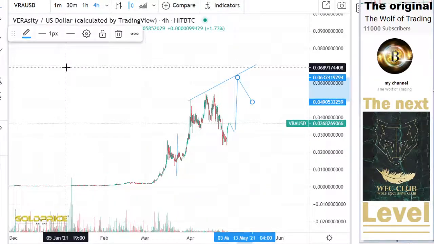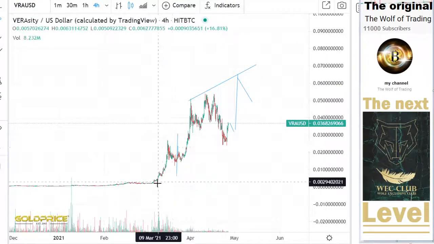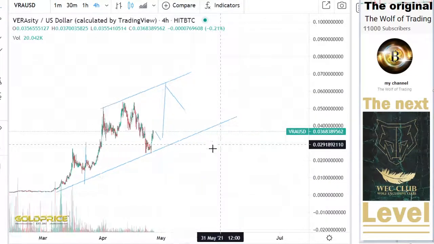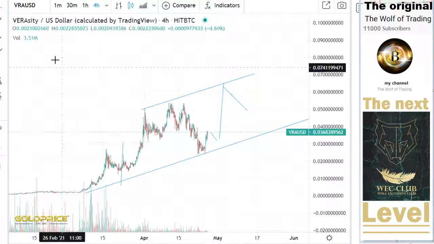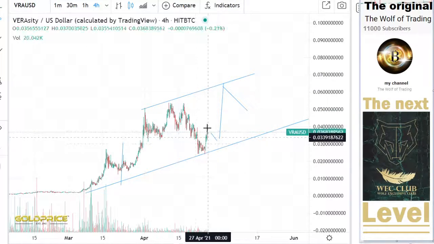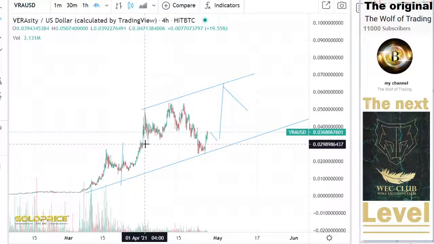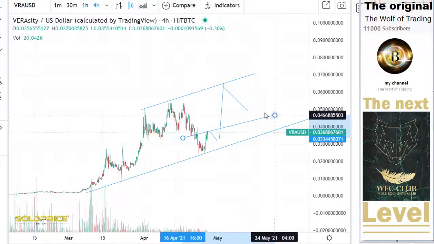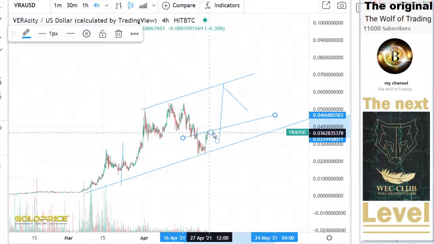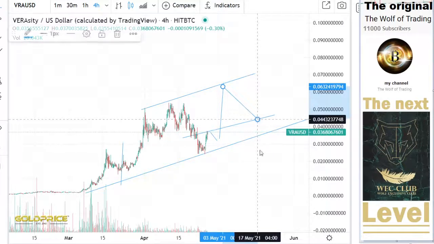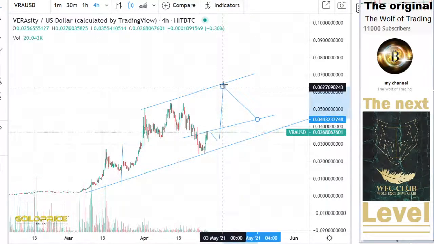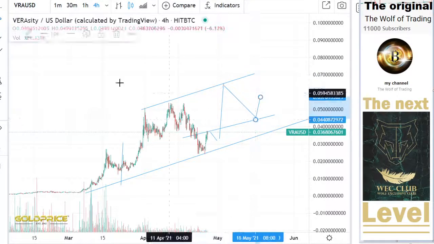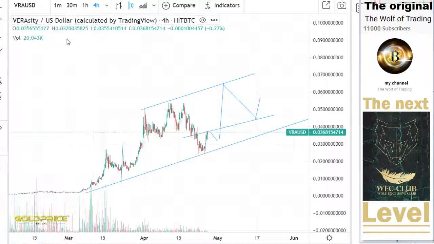We have here also support, and what is really important this year is how much we will go to the top side, because this decides in which area we will fall. I think if this goes to the top, then we will fall back to these levels, and we will get something like that.